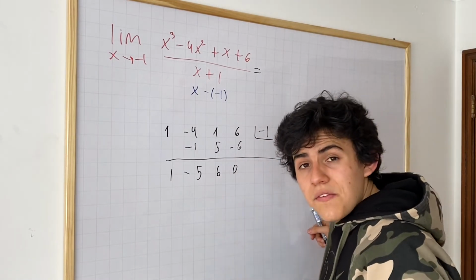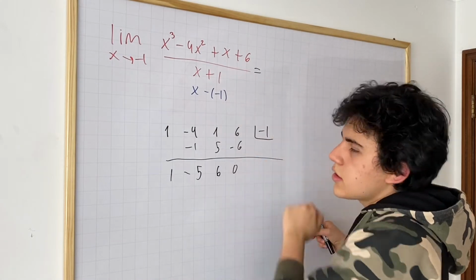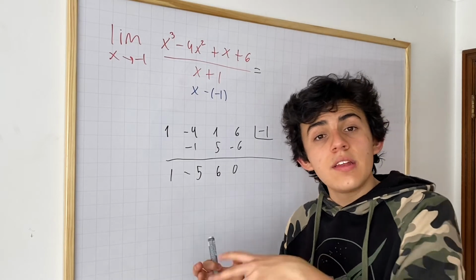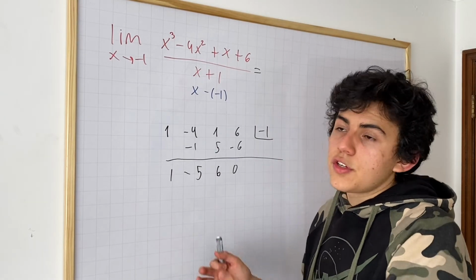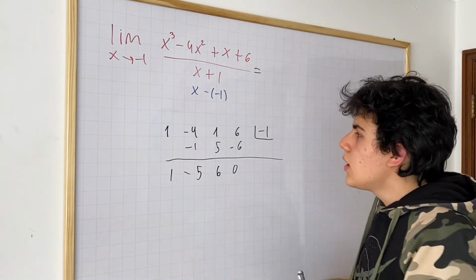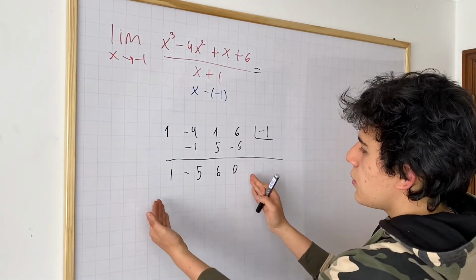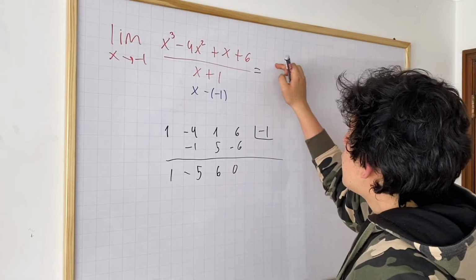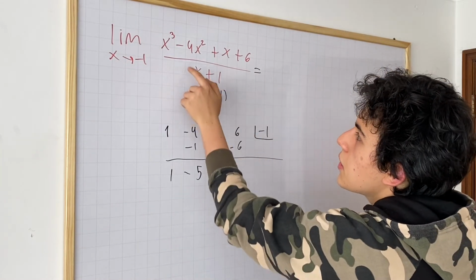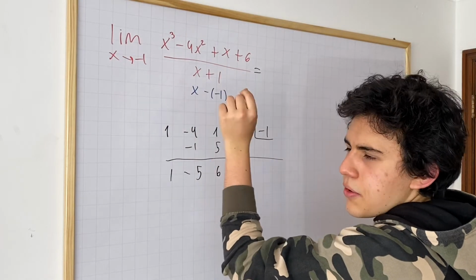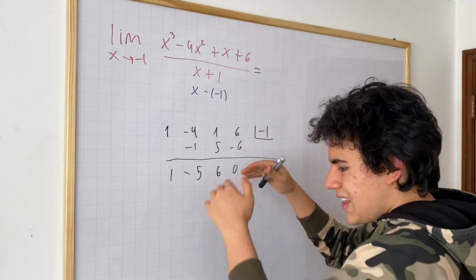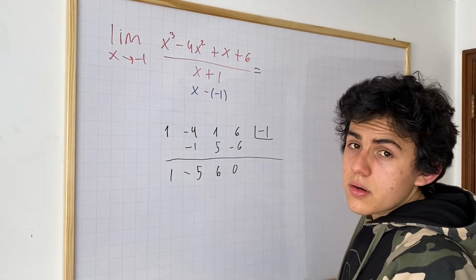Remember that if you're dividing by a linear term, and the last number you get in synthetic division is 0, it means that the division is exact, which is what we proved with the polynomial remainder theorem. So now we can use these coefficients to find the quotient. We know that the greatest degree in this expression is 3, and the quotient has to be a degree less than the numerator.